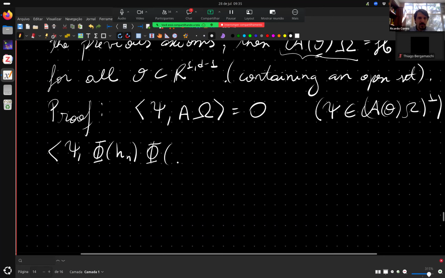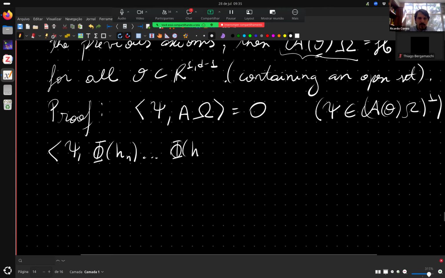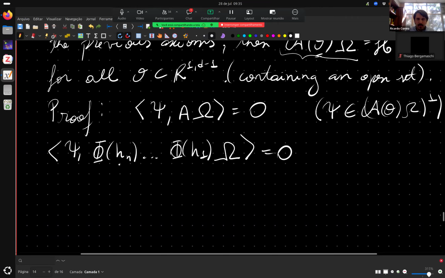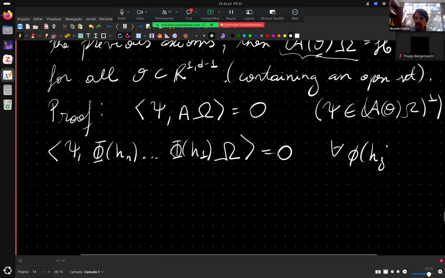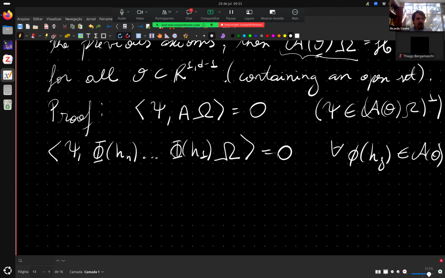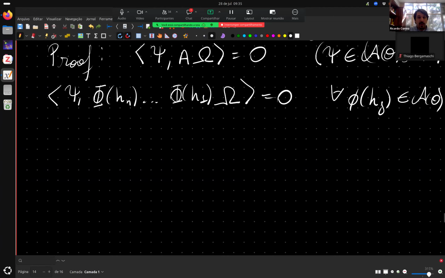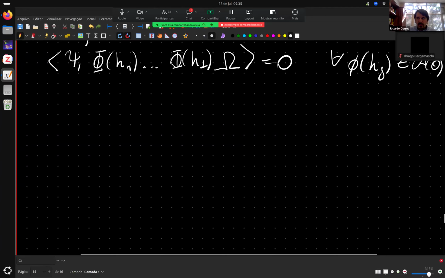Let me just go with some dots, phi of H1 acting on the vacuum, and that should be zero. So I'm taking here for all phi hj in O. If you take fields which are in my local region, I should get zero, just because I'm supposing it is in the orthogonal.